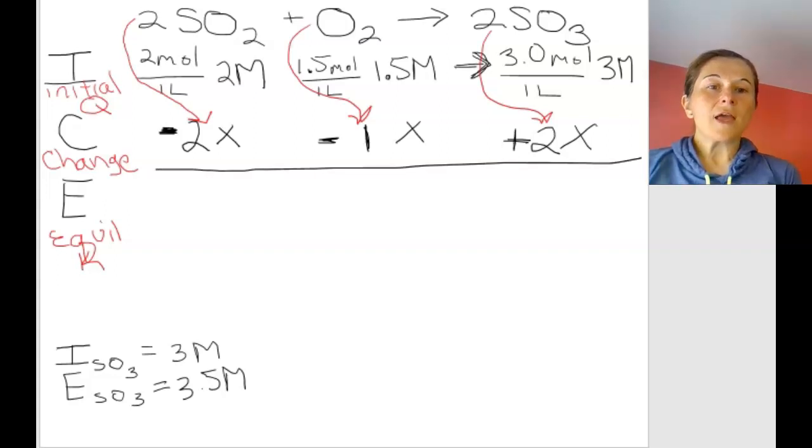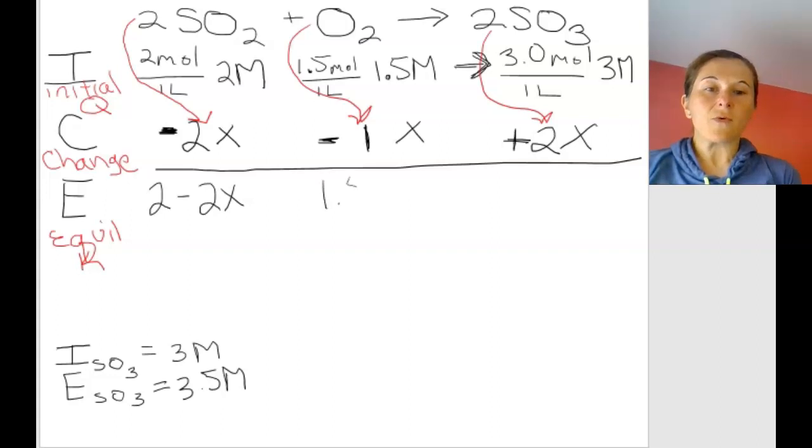All right, so there we go. Now we can start figuring out our equilibrium, right? So we're going to take our initial concentration of 2, and we know we're going to lose 2x. So we're making an equation. We're bringing these things together.